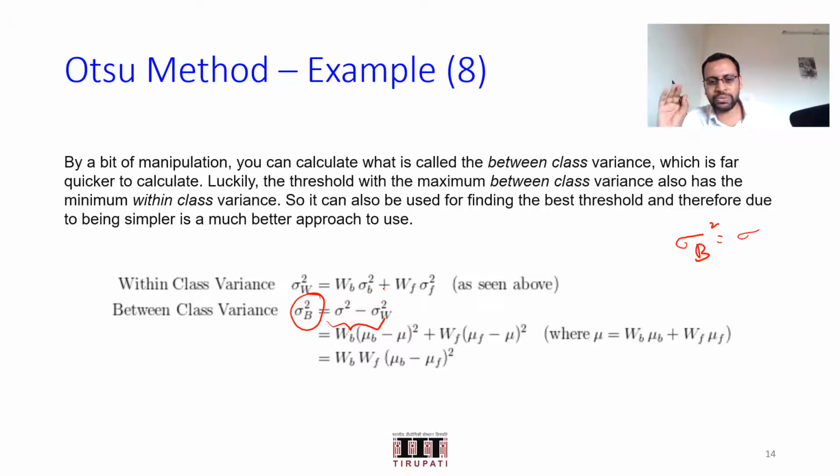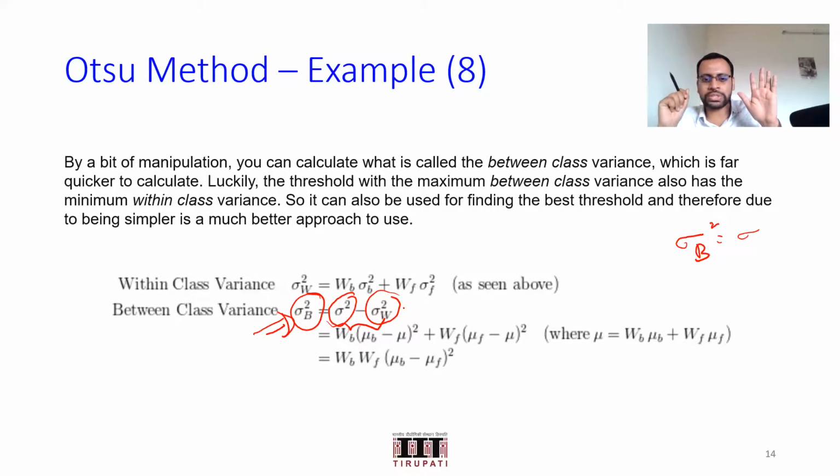It is clear to you now that within class variance is what we want to minimize. For a given image, sigma square is constant. So if I define my between class variance as sigma square minus sigma W square, can I not say that the problem is now about maximizing the between class variance? Because I am subtracting the within class variance from the whole variance and referring to that as between class variance.